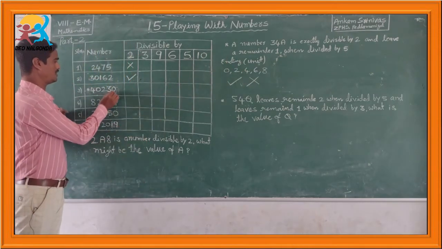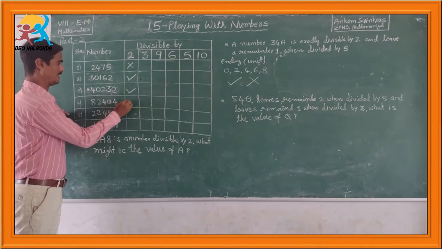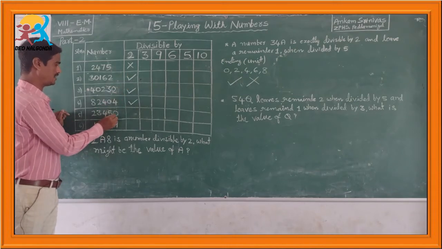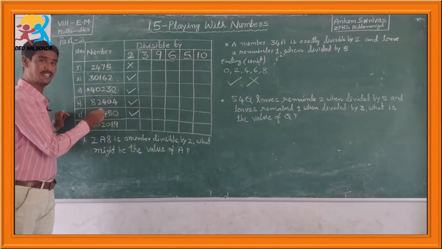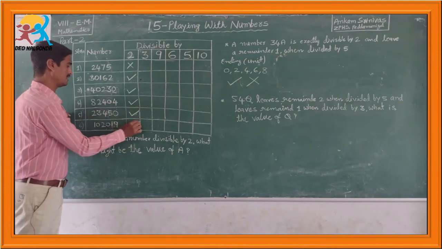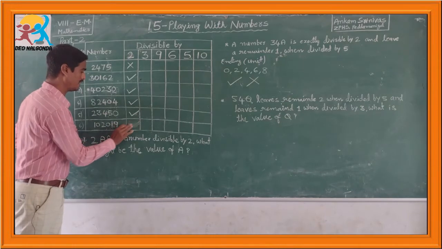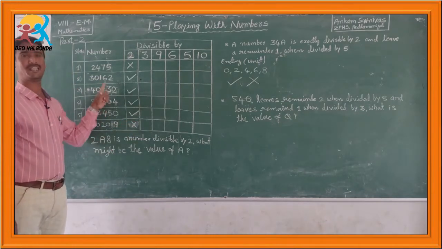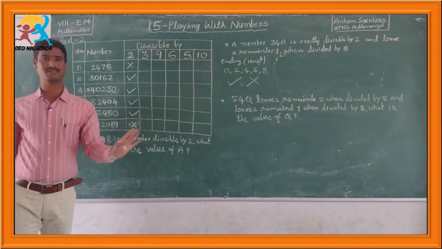Then here 0, divisible by 2. Here 4, yes, divisible by 2. And here 0, yes, divisible by 2. Here 9, not divisible by 2. So clearly not divisible, so we have to keep the wrong mark here. Simply, even numbers are divisible by 2, odd numbers are not divisible by 2.